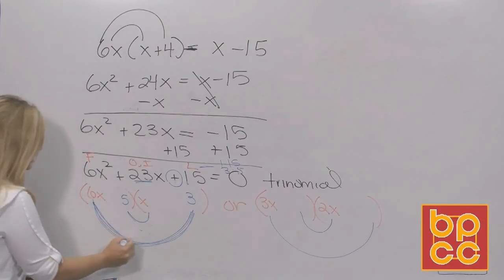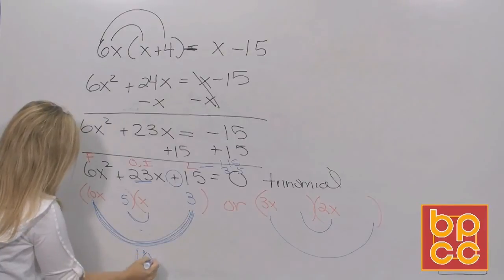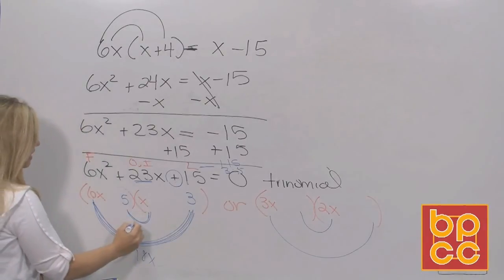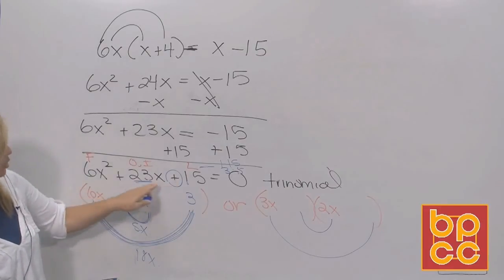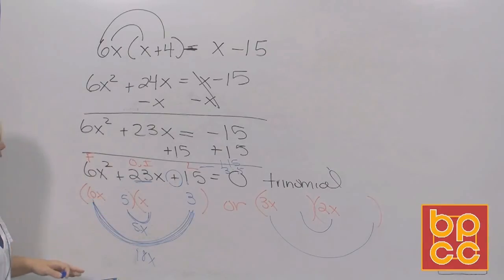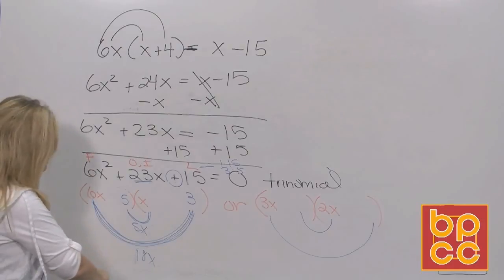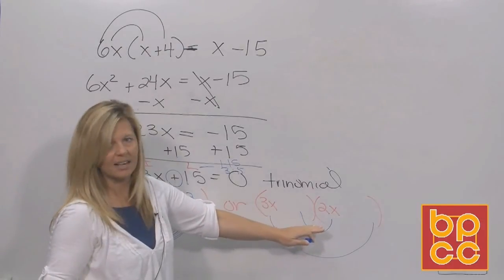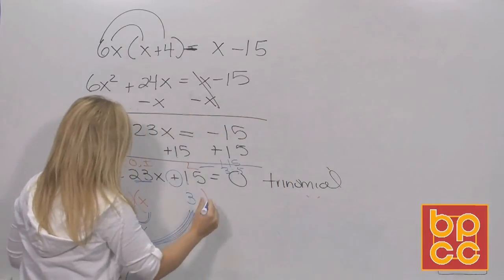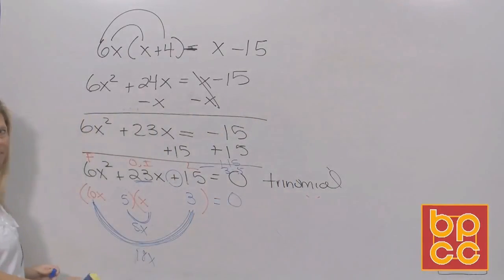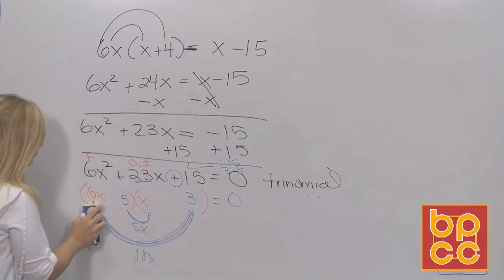Okay, outers, 6x times 3 is 18x. Inners, 5 times x is 5x. Will 5x and 18x add to 23x? Yes, it will. We hit it, which means then we don't got to try this because this is not going to work at all. So factoring trinomials takes some time. They take some effort. You got to play the game.